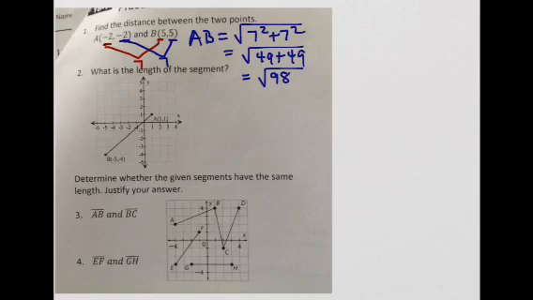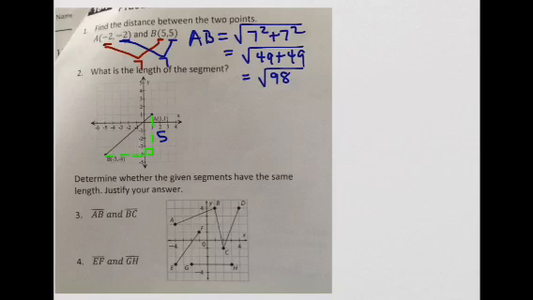Okay? For number 2, since it's already on a graph, might as well use it, right? We're going to go ahead and draw our right triangle. So the distance from A down to the right angle is going to be 5 units.